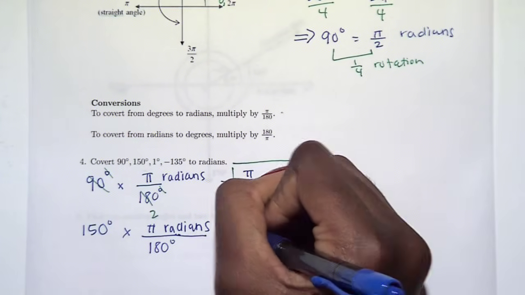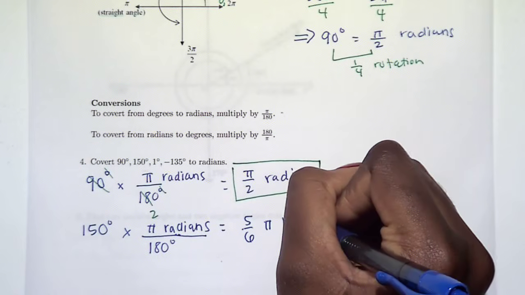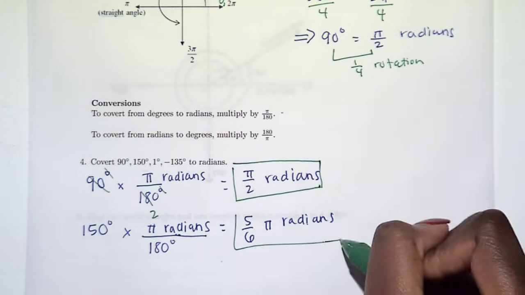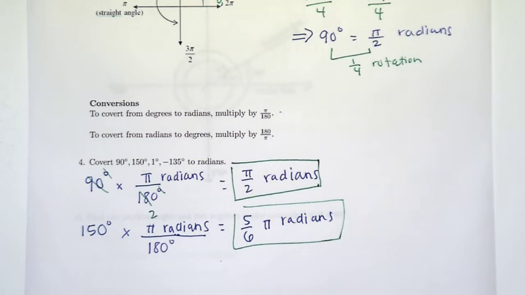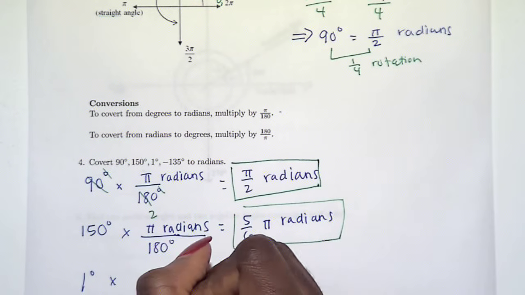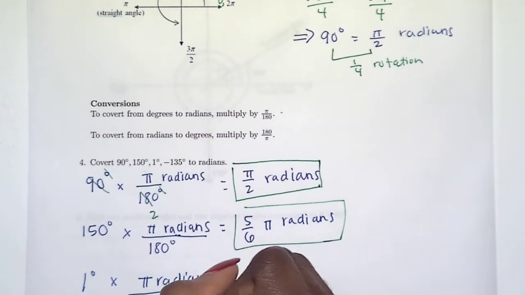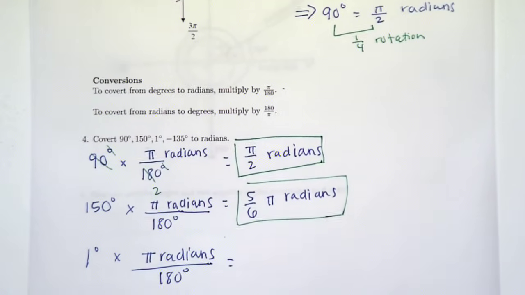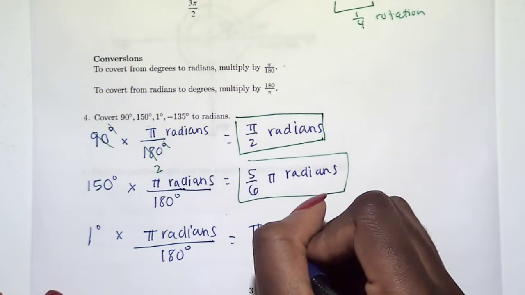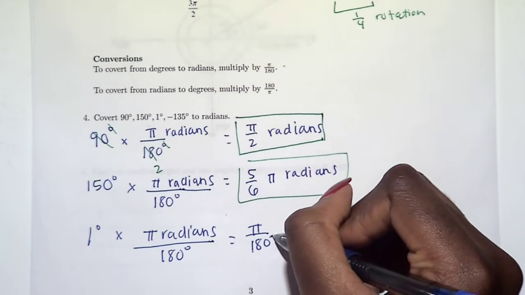We can make this into 5 over 6 pi radians. That's what that simplifies to. Then we have 1 degree. We want to multiply by pi radians over 180 degrees. So 1 times pi is just pi over 180 radians.